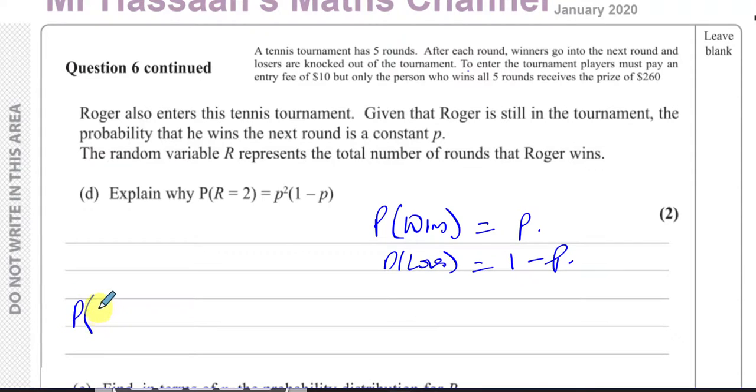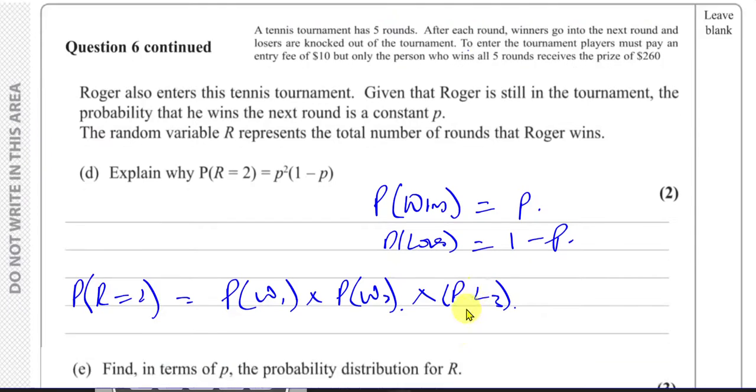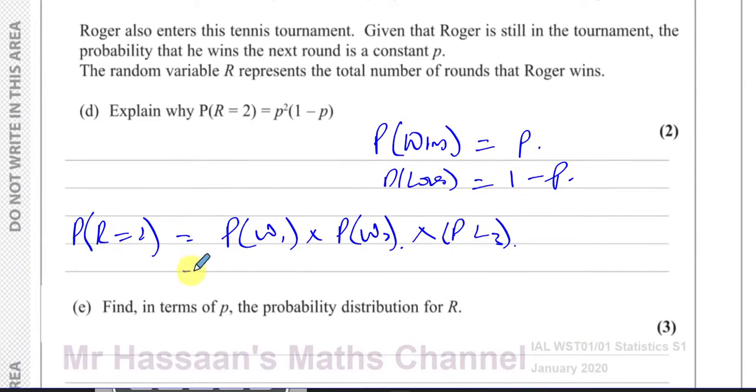So the probability that R equals 2 is that he wins round 1, and then he wins round 2, and then he loses round 3.